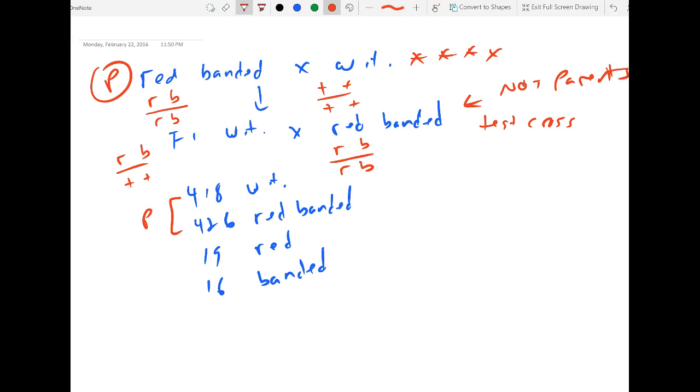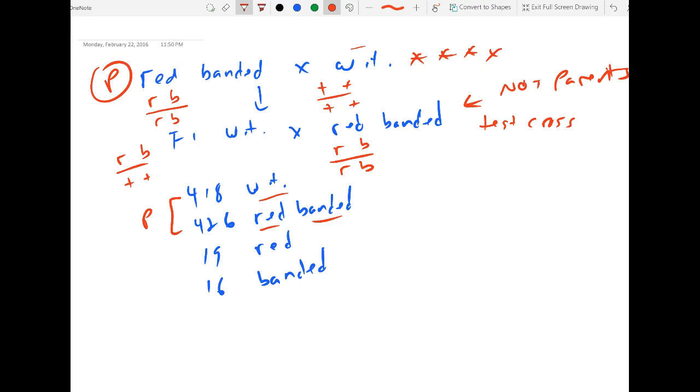So we're talking about the parental generation, then the F1, then we do a test cross. The parents are red and banded, and wild type. So that means the recombinants are the other ones. If you're given the parental cross, that tells you what the parents are.